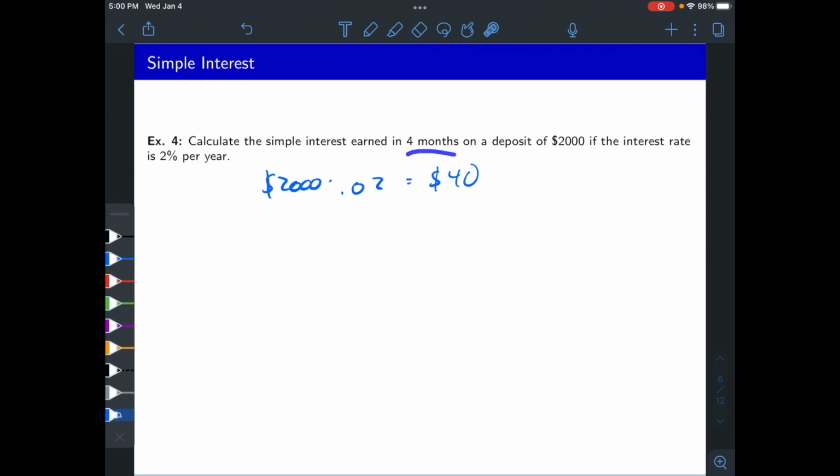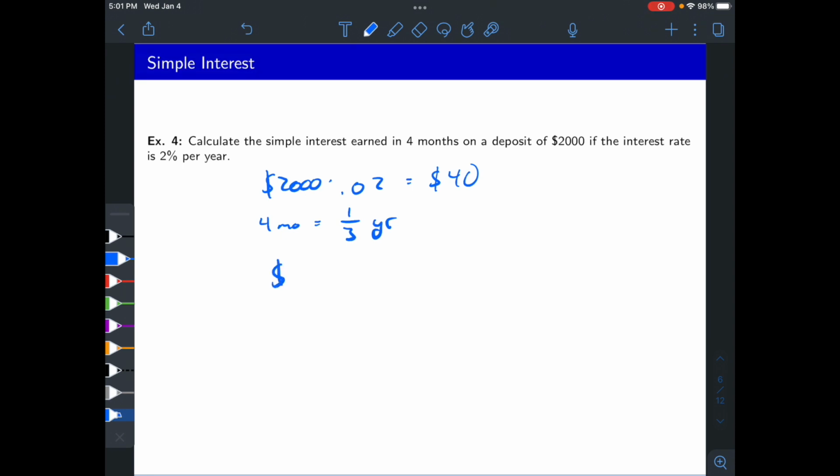So that changes what our final answer is going to be, because now we're doing 4 months, and we're making $40 per year. So 4 months, how many years is 4 months? 4 months is a third of a year, because there are 12 months in a year, and so 4 out of 12 is 1 out of every 3.